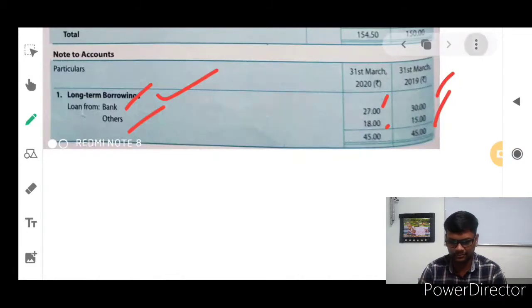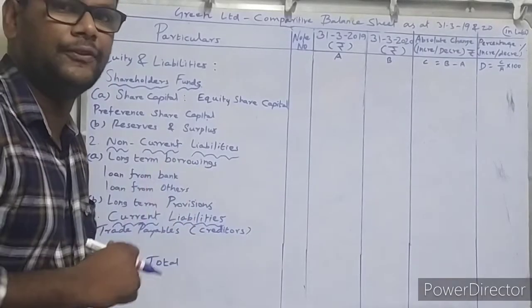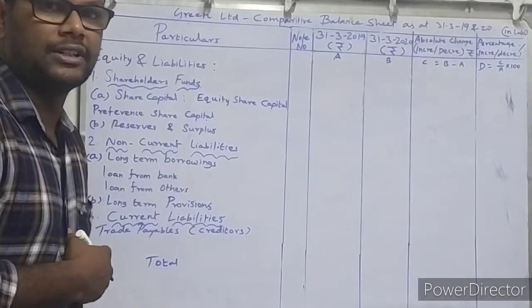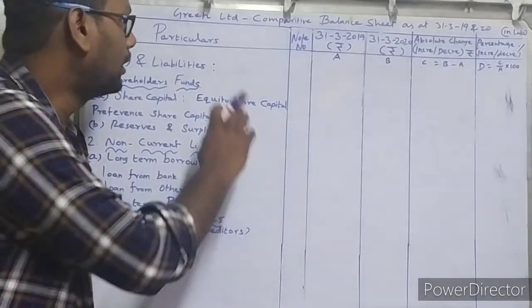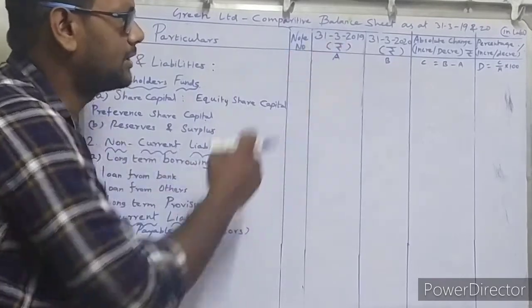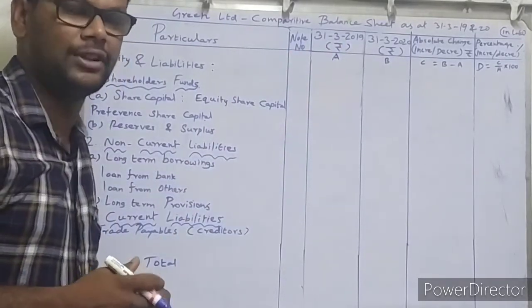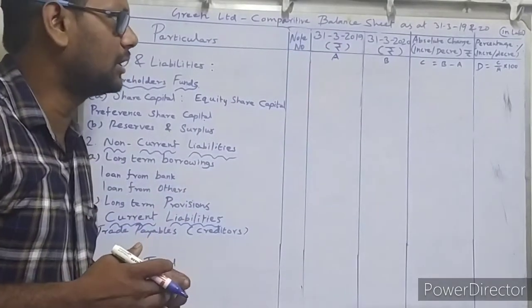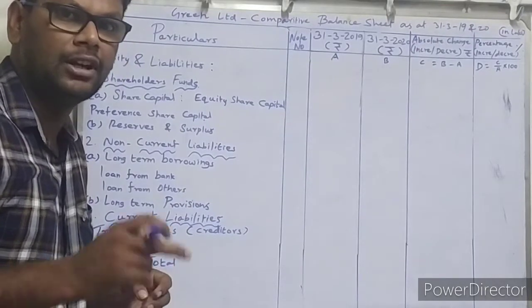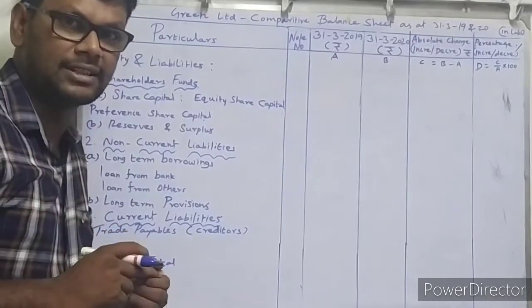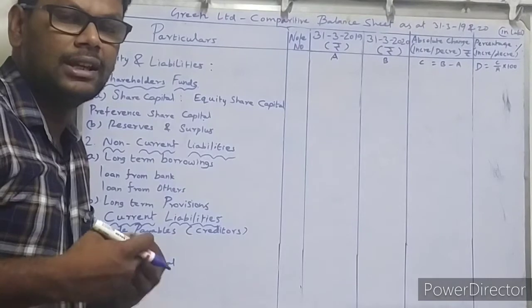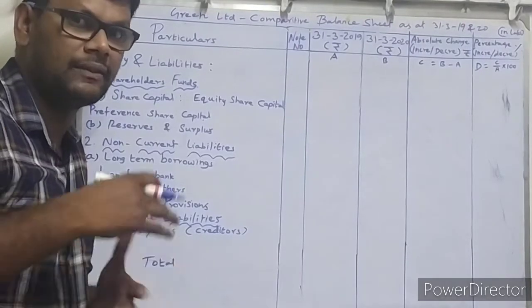Come, let's prepare. This is the format of the comparative balance sheet for Green Limited as at 31st March 2019 and 31st March 2020. We are going to compare two years of balance sheet information, which means it is intra-firm comparison, within the firm.